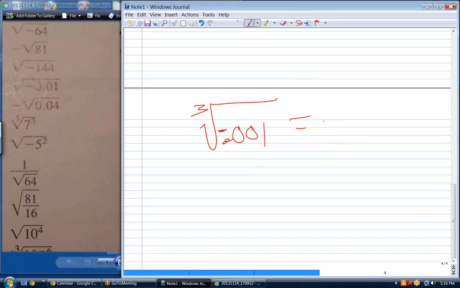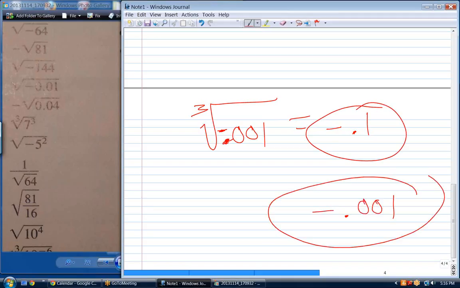No. Wait. Remember, you can take cube roots of negative numbers. You just can't take square roots of negative numbers. You can't take even roots of negative numbers. That's what you can't do. But you can take the cube root of a negative number. This would be negative 0.1. Always reverse it: if you multiply that together 3 times by itself, you get negative 0.001. Okay.